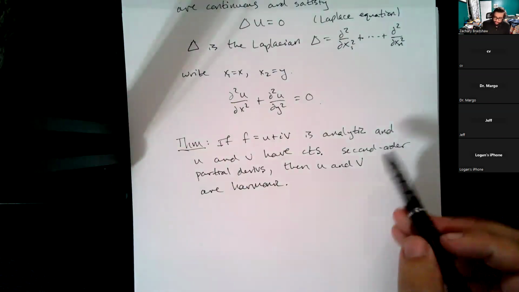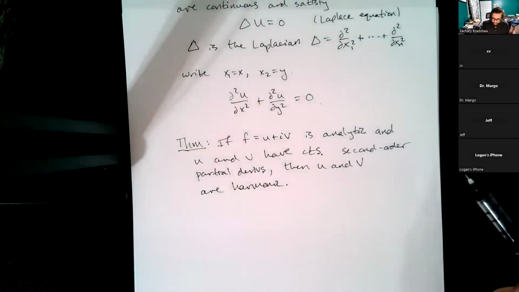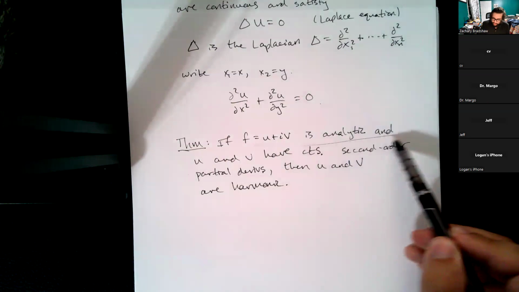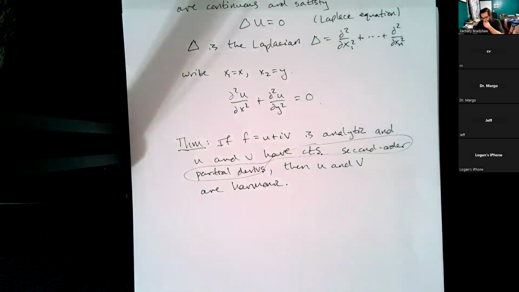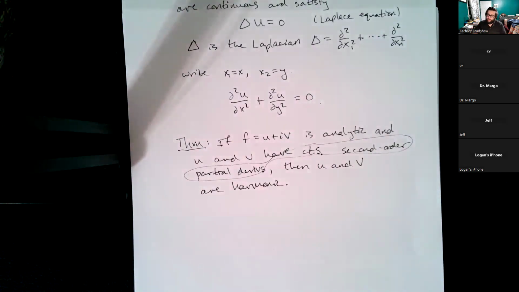So it turns out, by the way, that this second condition, having continuous second order partial derivatives, is actually redundant. We'll show later on that if you have a function that's analytic, then those u and v parts, the real and imaginary parts, are in fact going to be smooth.